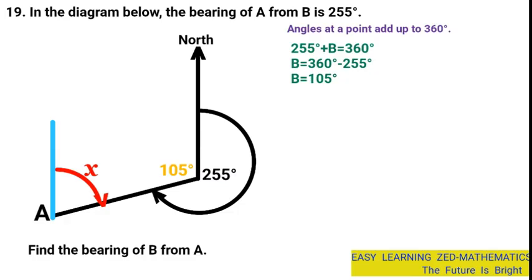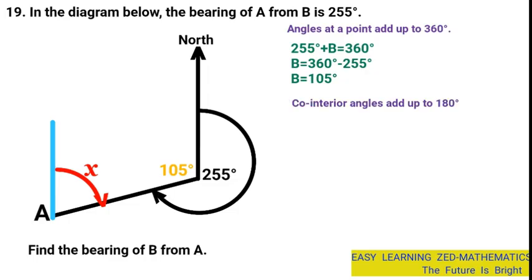Now let's try to see if we can find the bearing X, which is B from A. We now have two angles which are given, and we can use 105 degrees to find angle X. To do that, we're going to use a property which is co-interior angles add up to 180 degrees.